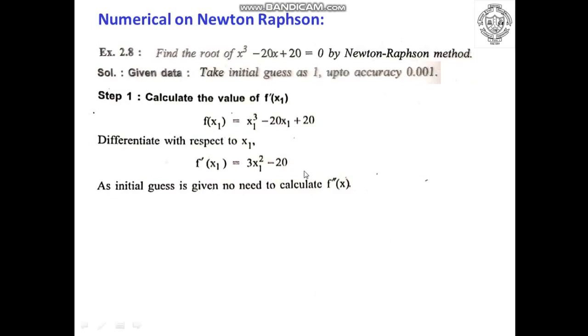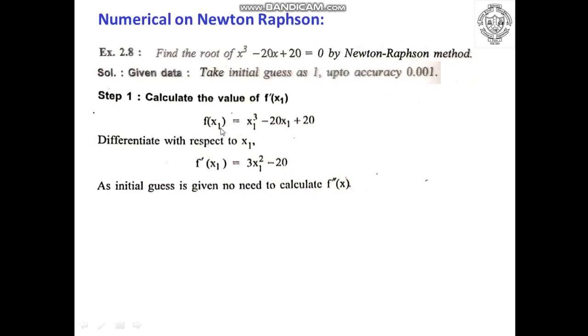So here I will consider this equation as f of x1 is equal to x1 cube minus 20x1 plus 20, and I will differentiate this equation with respect to x1. I will get f dash of x1 is equal to 3x1 square minus 20. As initial guess is given, there is no need to calculate f double dash of x1.